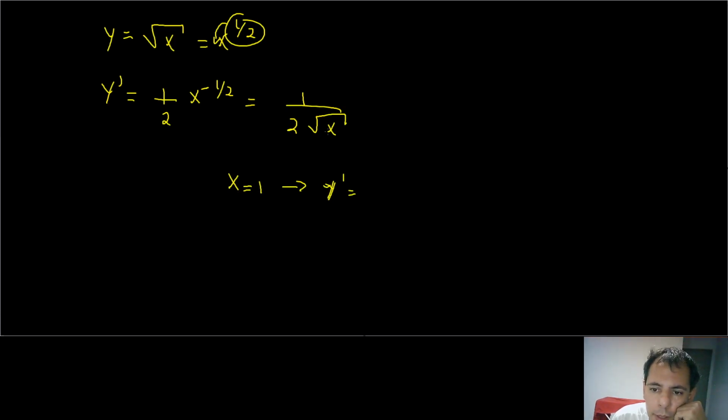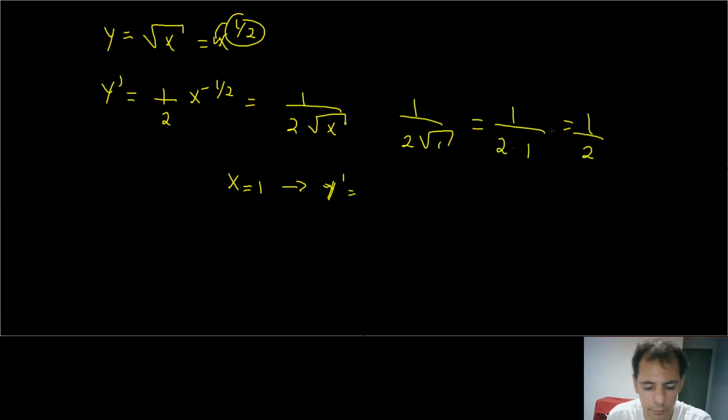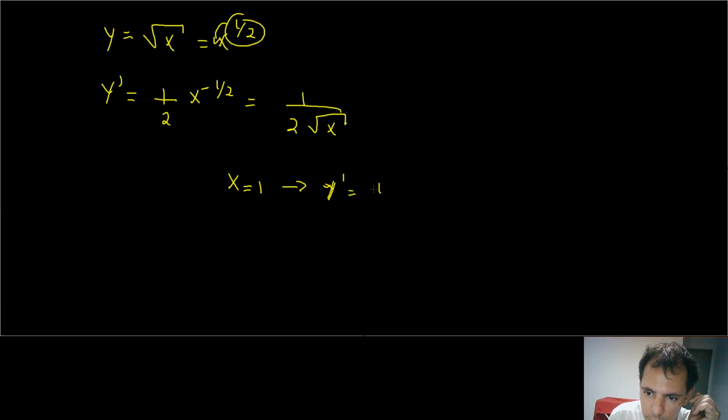All you're going to do is plug 1 in here. So it's going to be 1 divided by 2 times the square root of 1, which is 1 divided by 2 times 1, which is 1/2. So the derivative is going to be 1/2.